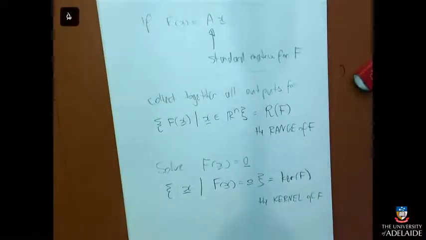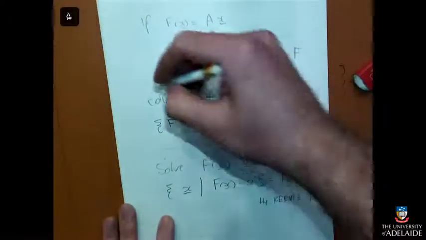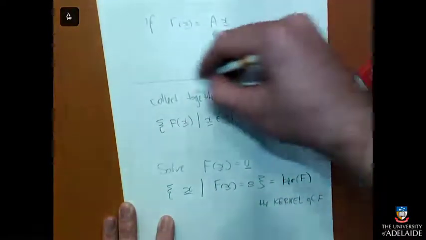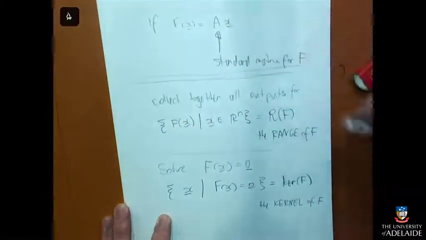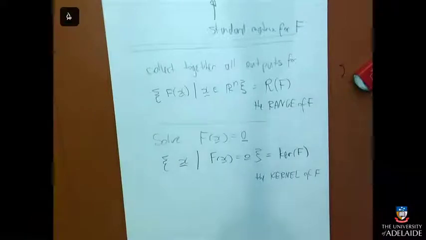So there are two things that I might be able to make out of my linear transformation. Beautiful, and they're interesting things to me. They're more interesting than they seem because they're related to each other in rather interesting ways. The big theorem is that both of them are subspaces.